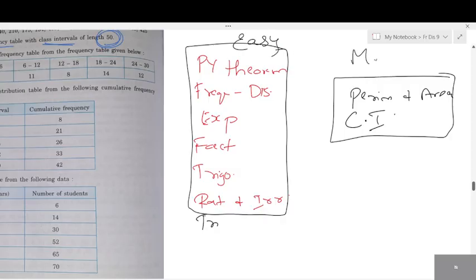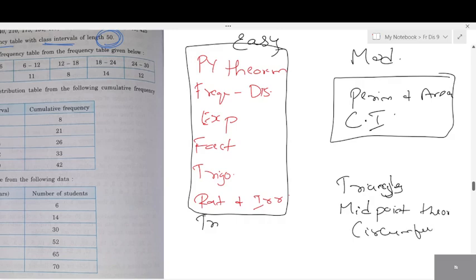This is moderate, medium level. The tough chapters are triangles. Triangle, what's the other chapter you'll have? Triangle, midpoint. What else you'll have? Circumference. These are the tough chapters.